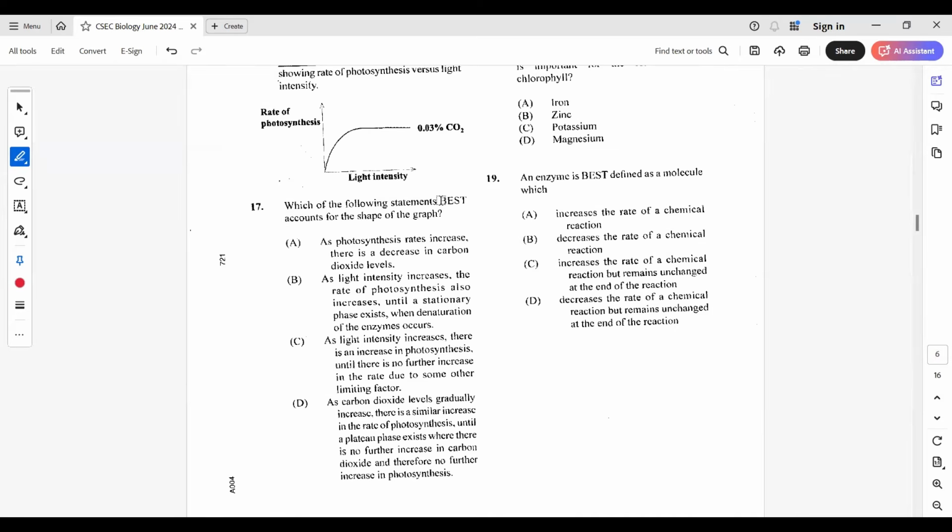So which one best accounts for the shape of the graph? You see that this is a limiting factor. So no matter how much the light increases, it's limited by something else. And in this instance, they say carbon dioxide. So we want a statement that reads as such.